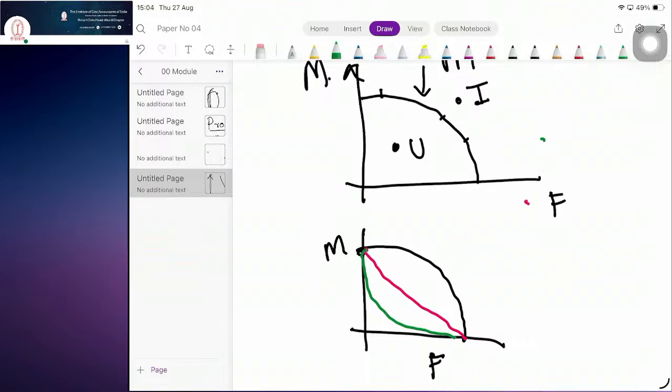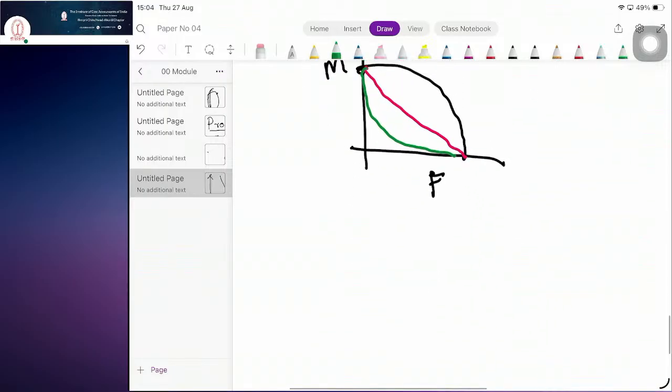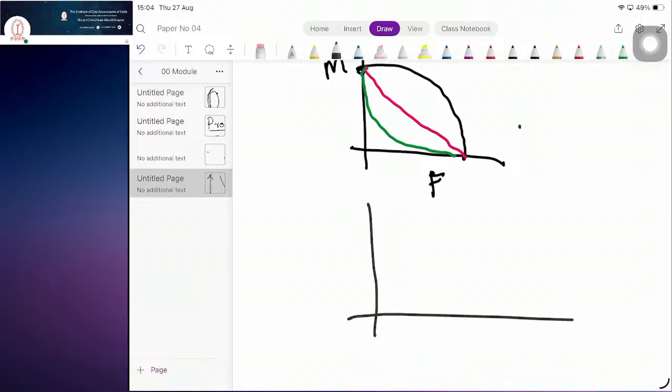So, write this down. This shape is called concave to the origin. The production possibility frontier is concave. This shape we call concave, and a shape like this we call convex. It is concave in shape.